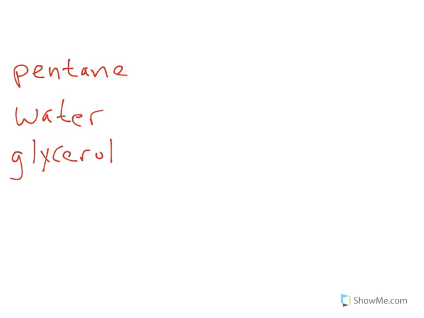And just to give you an idea of some common liquids in the laboratory and their viscosity levels, all right, we have pentane, water, and something called glycerol or glycerin, all right? And let's go ahead and draw their structures. There is our pentane, and then water. And here's glycerol, one that we have not yet seen.